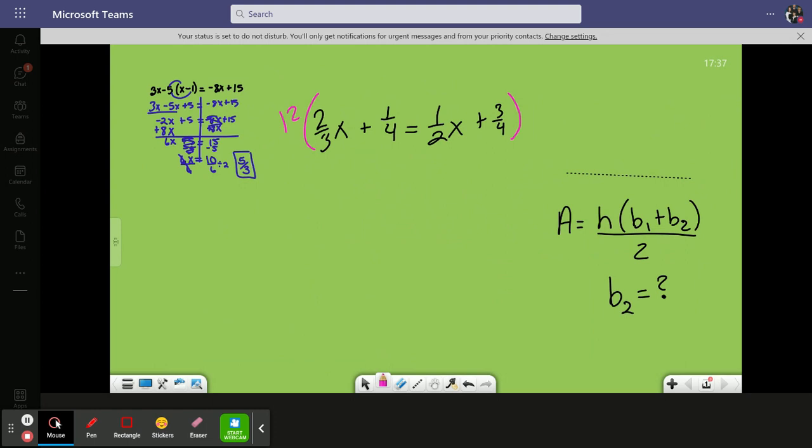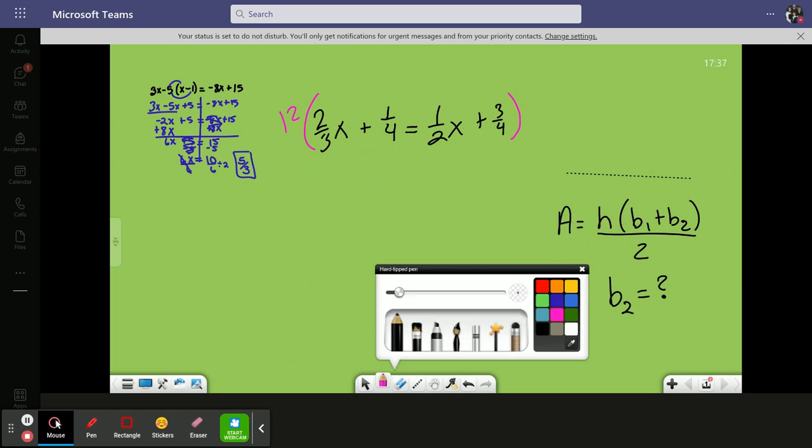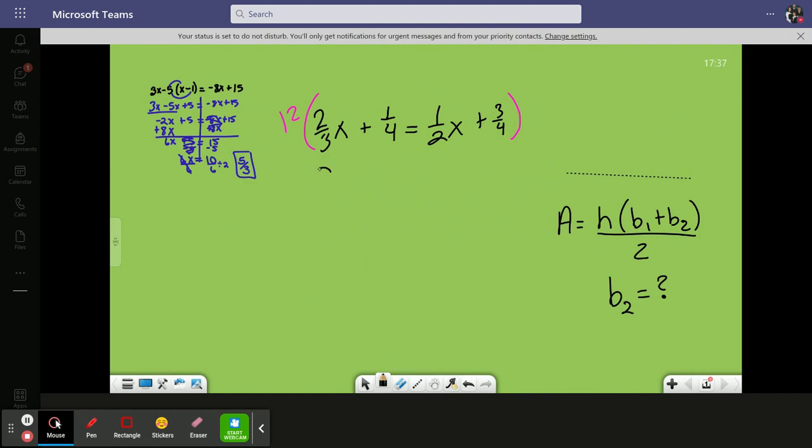Because that's going to make them all go away. Remember, we multiply by the top number and divide by the bottom. So 12 times 2 gives me 24 divided by 3, 8. So 2/3 x just become 8x, right?